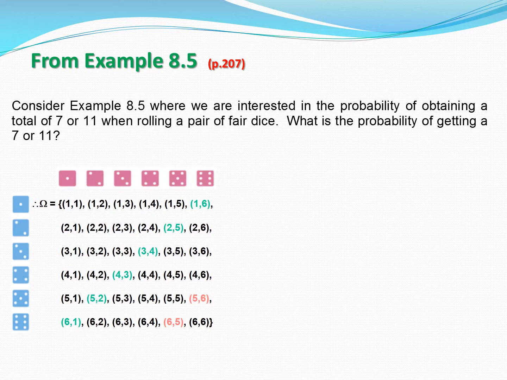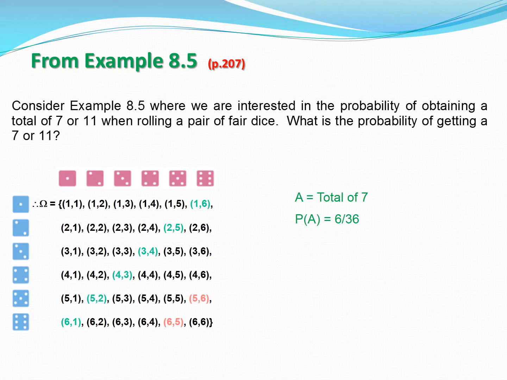So we can define event A as getting a total of 7. So the probability will be 6 over 36 because our sample space had 36 outcomes in total. And for event A, we will look at all these outcomes in green. Then event B, we can define as a total of 11.